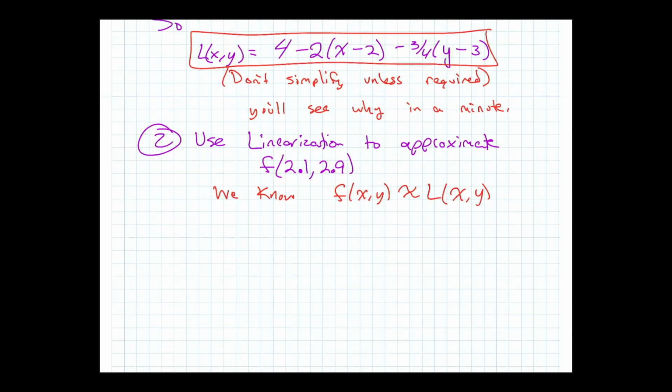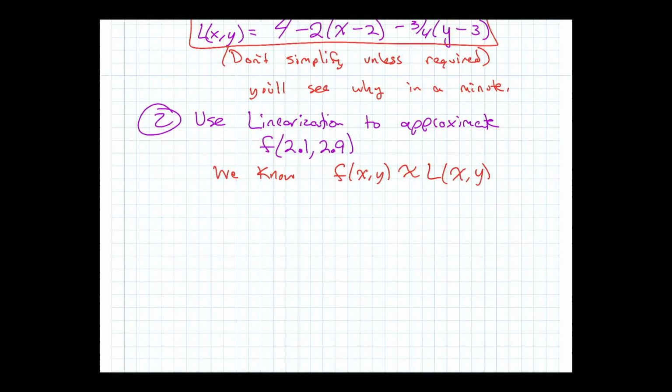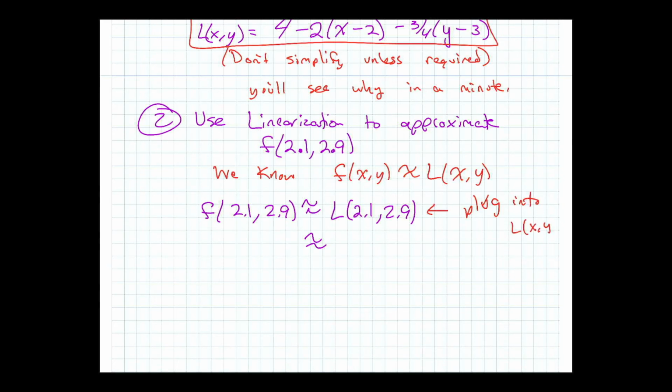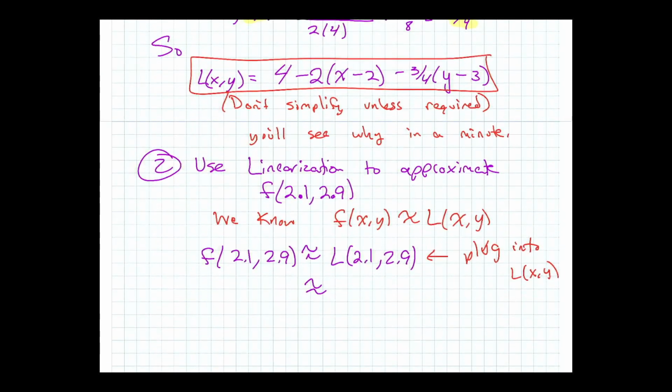So when you're doing this problem, you say f of 2.1 comma 2.9 is approximately L of 2.1, 2.9, and that can be calculated from your L. You're just going to plug 2.1, 2.9 into L. L is up there on the top of the screen.